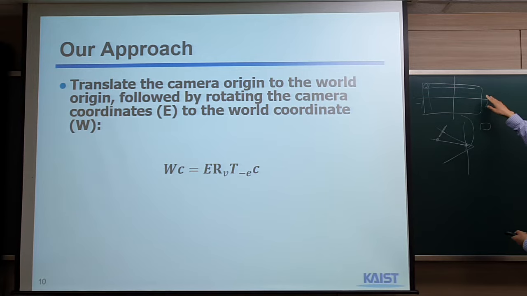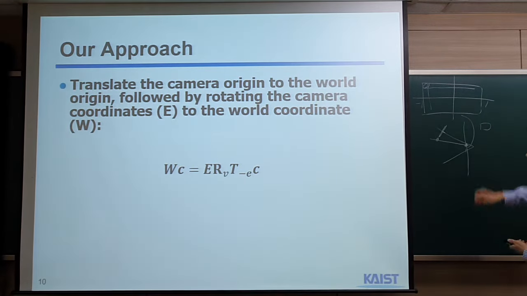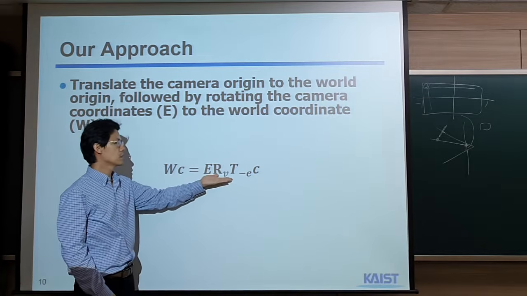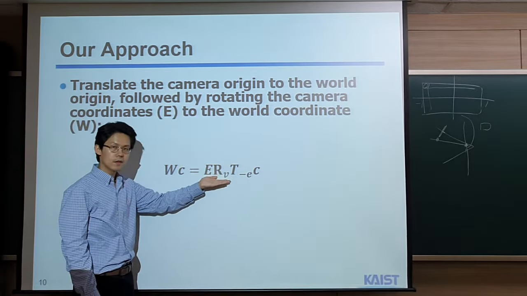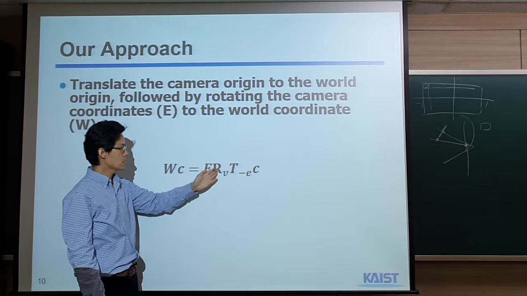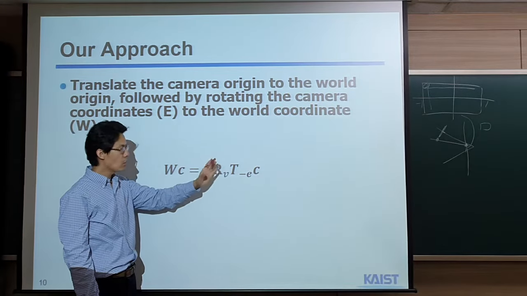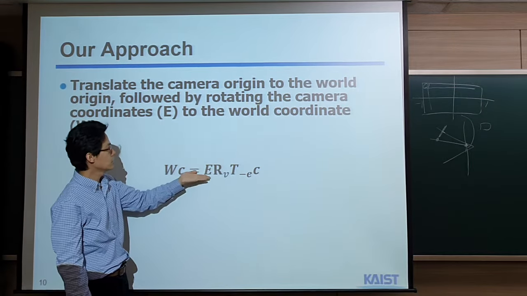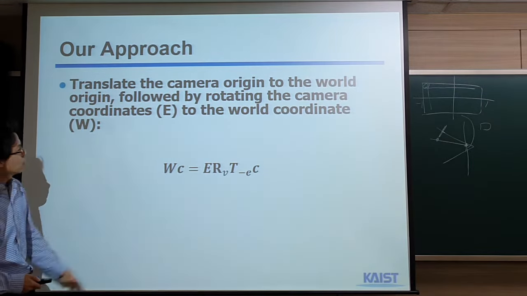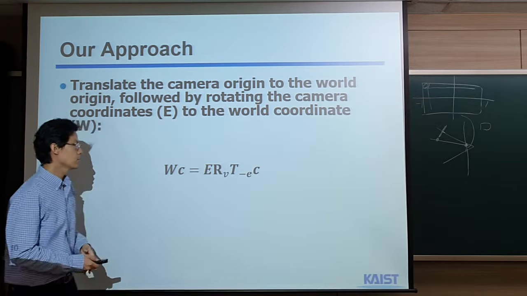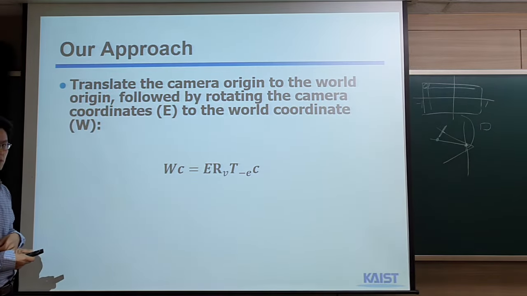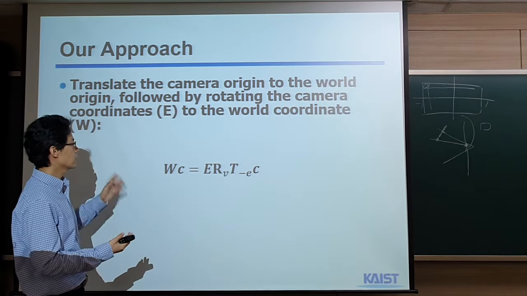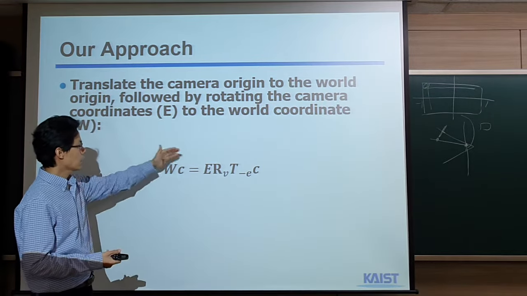In this case, x is the (1, 0, 0) direction, and so on. After taking this rotation transformation, we know that the coordinates are located in the eye space, the E space, the eye coordinates. That's our approach to transform the coordinates from the world space to the eye space.